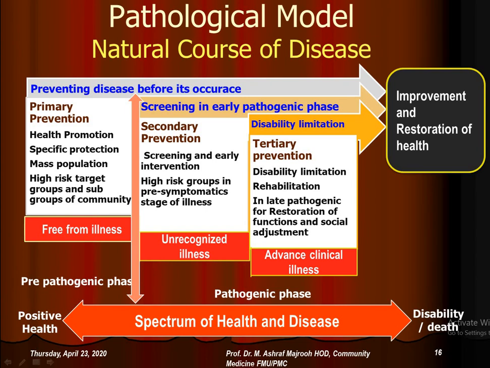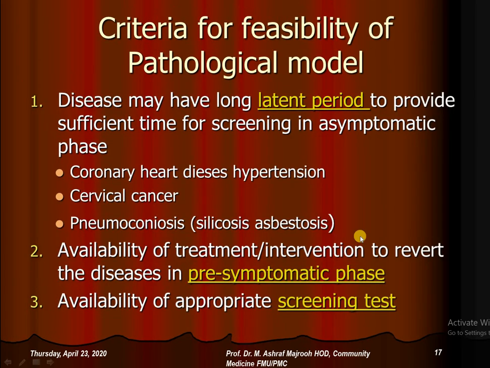Then what are the feasibility criteria? The disease may have a long latent or incubation period, and it should provide sufficient screening time in the asymptomatic phase. This is the most important factor to select this model for prevention.